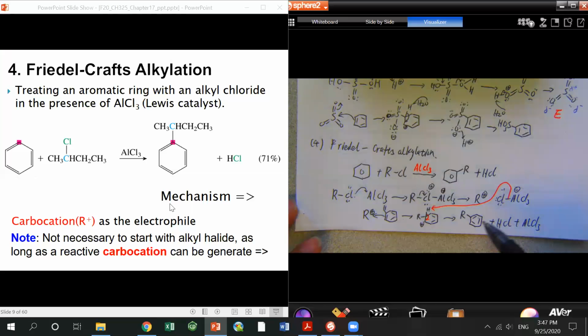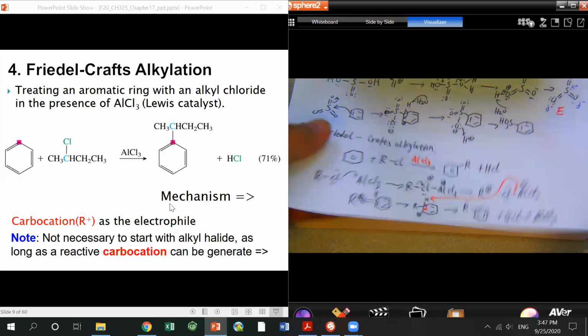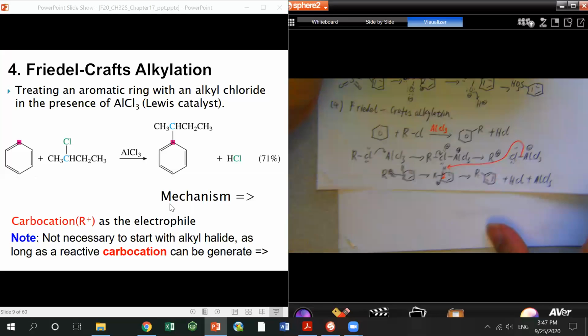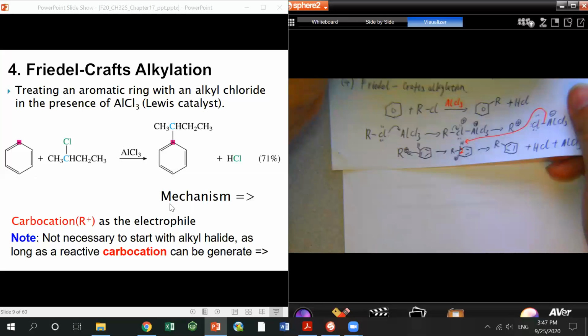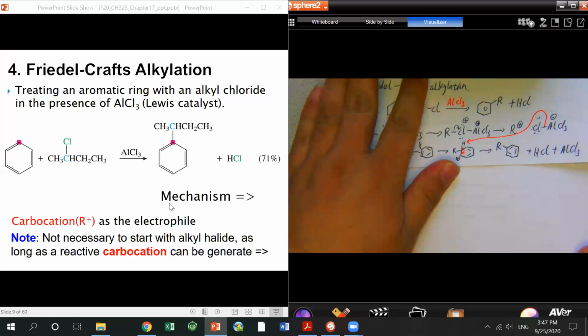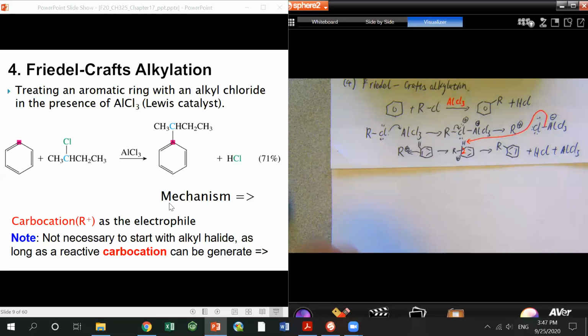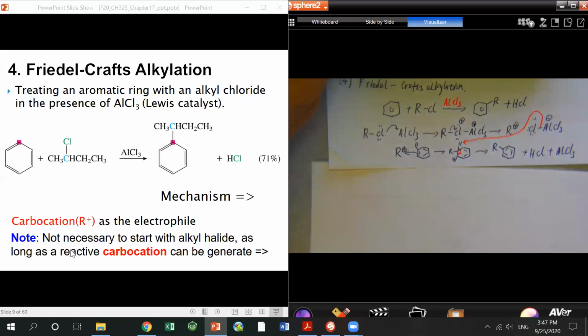Any reaction that can generate a carbocation as intermediate can carry out Friedel-Crafts alkylation. So I'll just quickly show you two reactions. Here it's not necessary to start with an alkyl halide to get the carbocation.